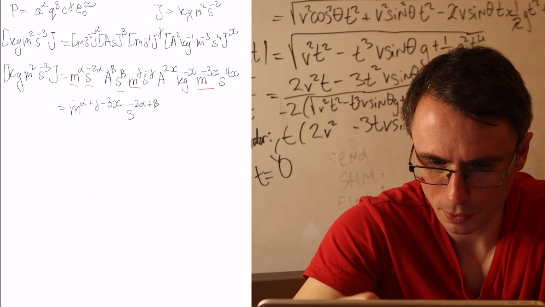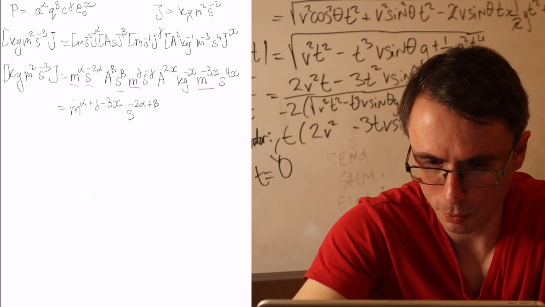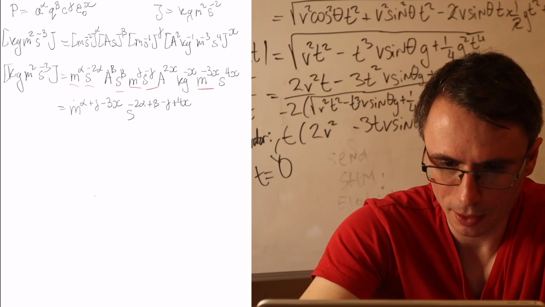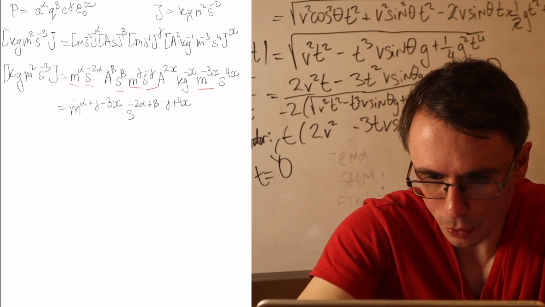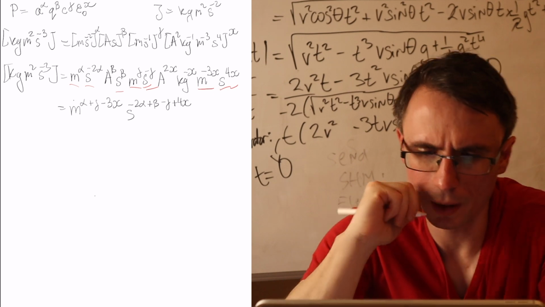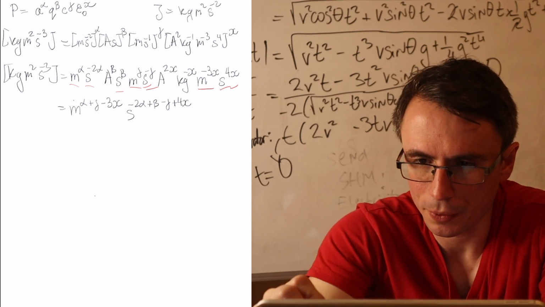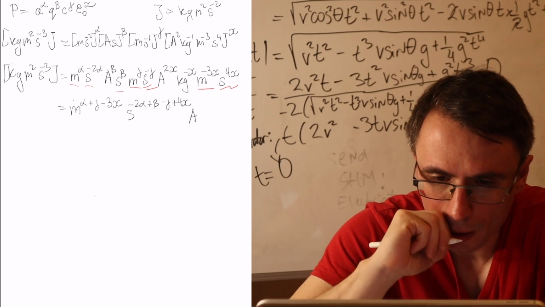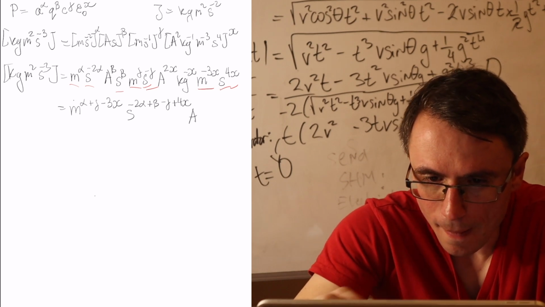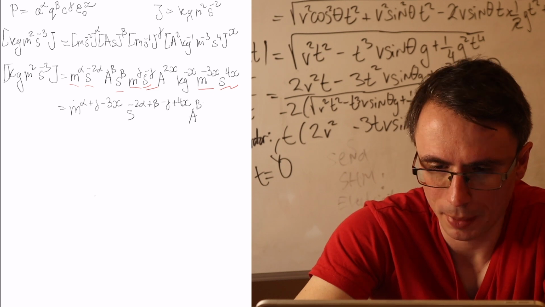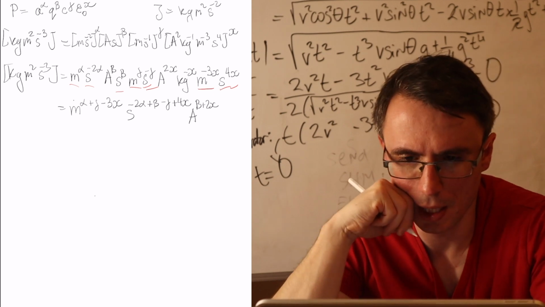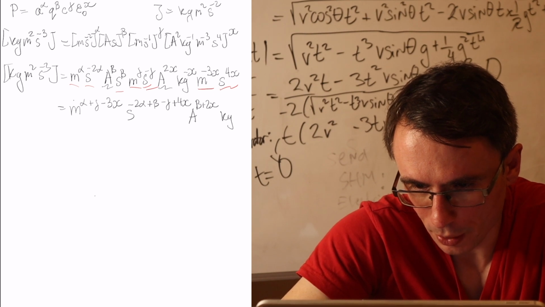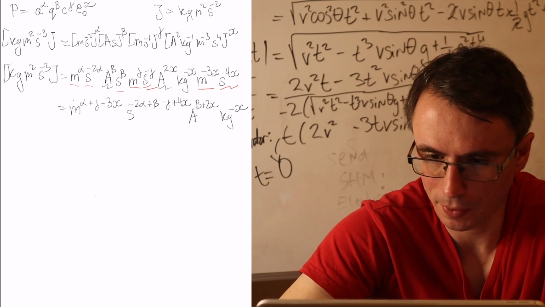That's this term, and then minus gamma plus 4x. And that's taking care of those terms as well. And what else have we got? We've got the amps, which are beta plus 2x, like that. The only thing left is the kilogram, which is to a power of minus x.